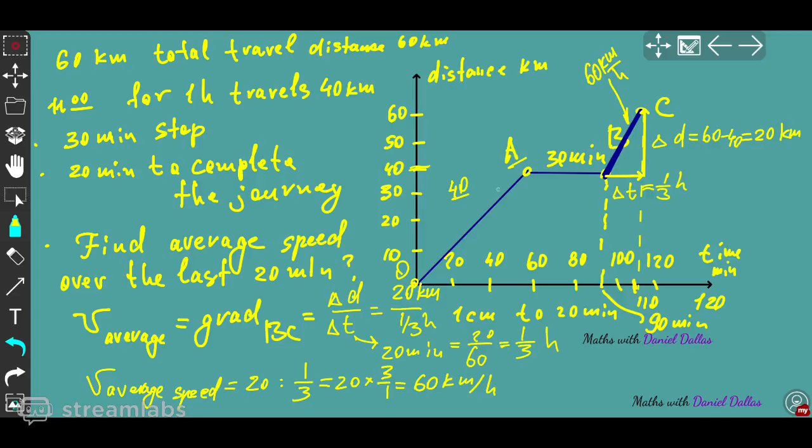Now for 1 hour, so up to point A. So 40 kilometers per hour. So that means the average speed is lower, and that's how you can see that the line slope is less steep, right? So average speed, for example, that was on BC, and that was on OA. It's going to be 40 kilometers per hour. And that's how you can interpret graph if you're already given that.